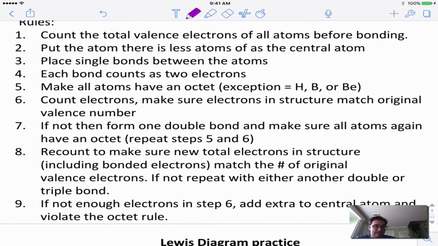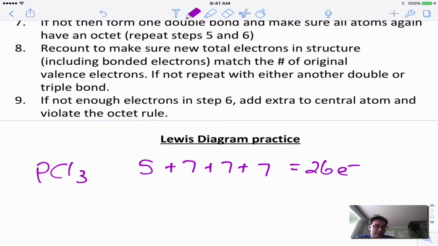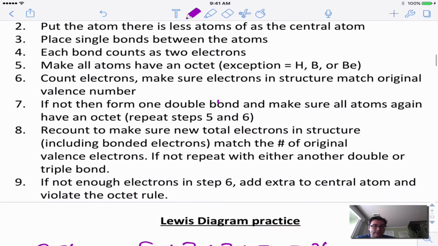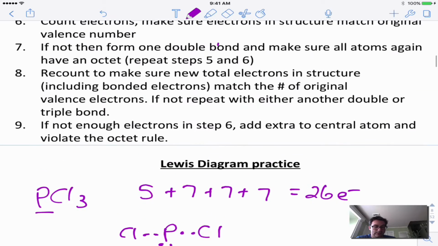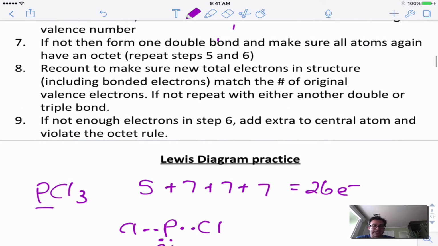Now, the next step says to put the atom there's less of as the central atom. So there's less P's here. There's only 1 P. So we're going to put the P in the middle, and the Cls are going to go around it. We're then going to place single bonds between them, and each of these bonds counts as 2 electrons. So we're going to have 1 bond, 1 bond, 1 bond. The next step says make sure all atoms have an octet.